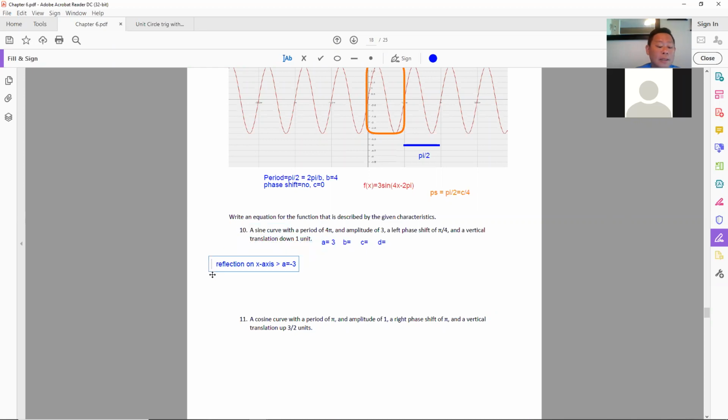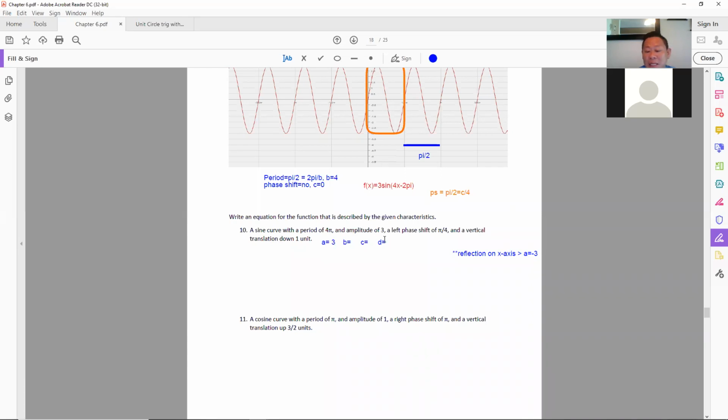This is a little side note: sometimes when you do your homework, they will give you all these things and say reflection on the x-axis. If they have this, it means that your A has to be negative. For this case, we don't have a reflection on the x-axis, so your A will be 3.